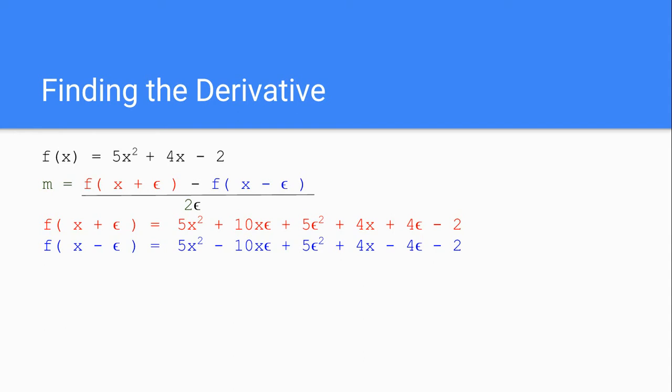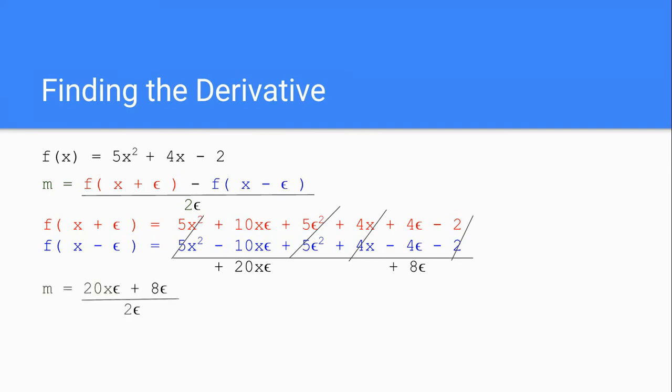And now, if you look at the numerator for m, the two values actually get subtracted. There's a minus sign between them. And so we're simply going to draw a line under these two, and subtract them. And as you can see, most things actually cancel out. So all we're really left with is 20x epsilon plus 8 epsilon.